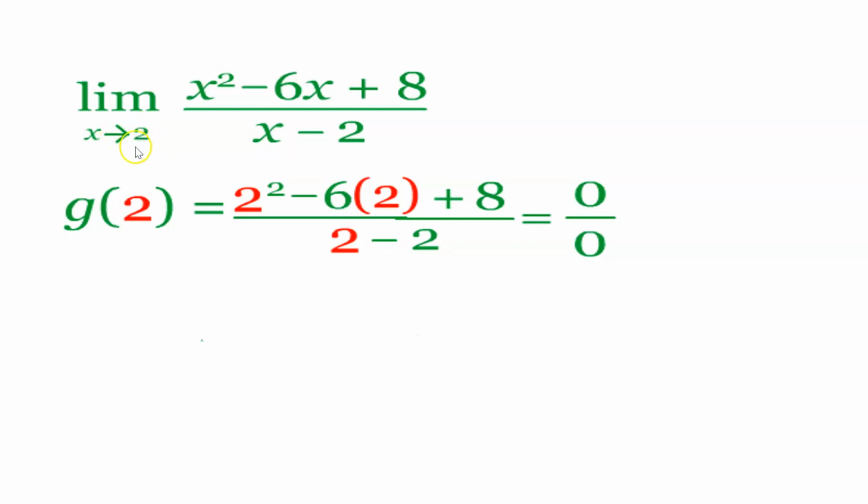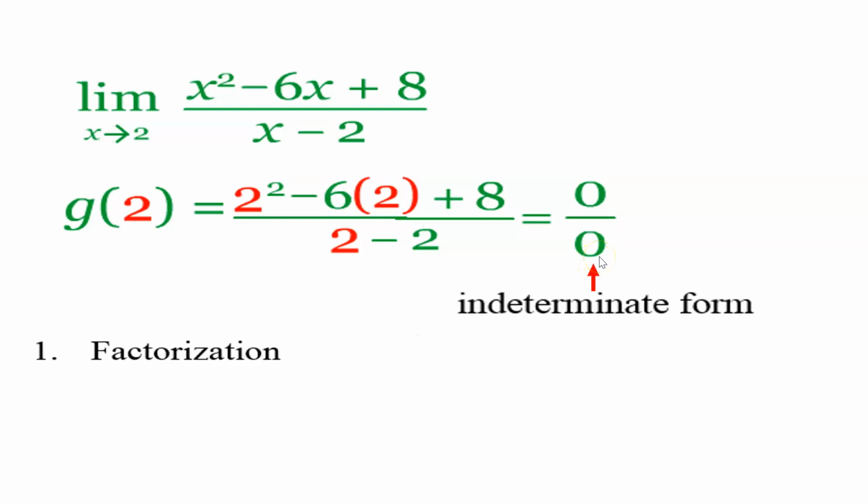Let's substitute x equal to 2. All the x values over here, you just substitute with 2. Then when you key into the calculator, you get 0 over 0. So you can see that this is an indeterminate form. We call it indeterminate form bila you dapat dalam bentuk macam ni.